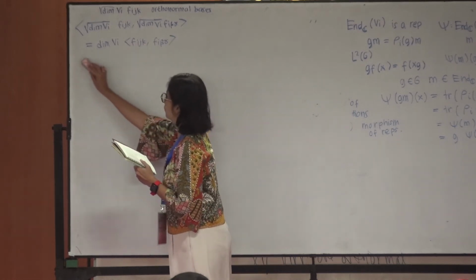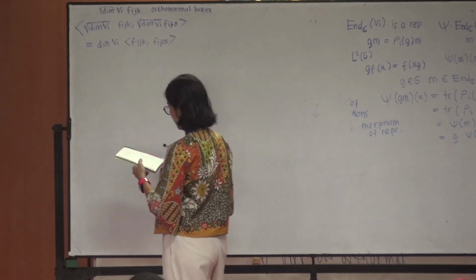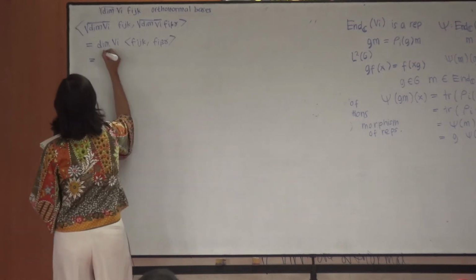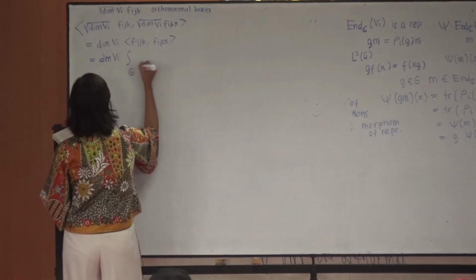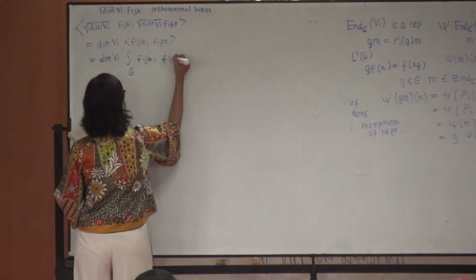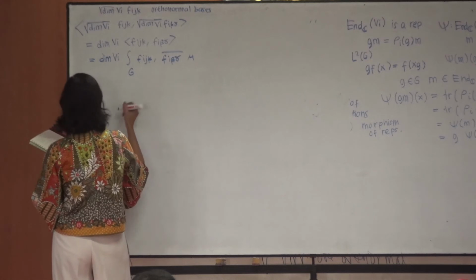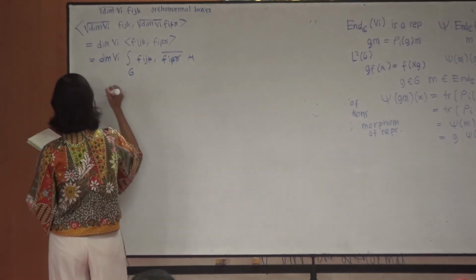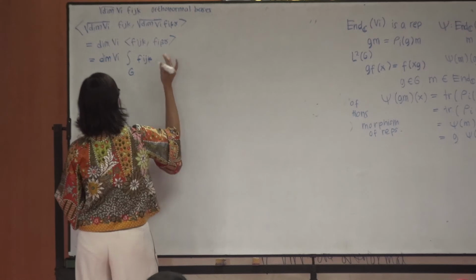so this is defined as the integral of Fijk times Fi beta gamma bar dμ, and okay, I should put G here.